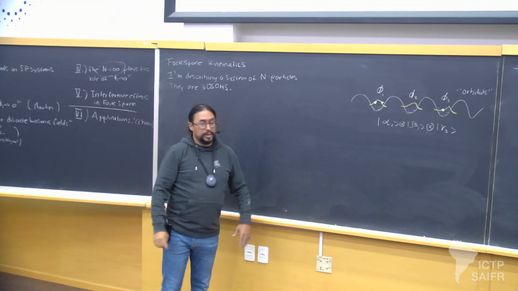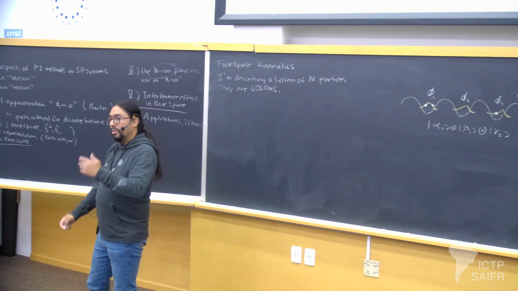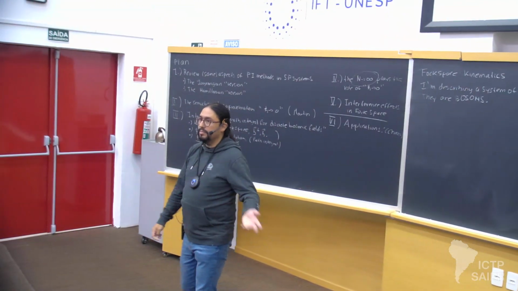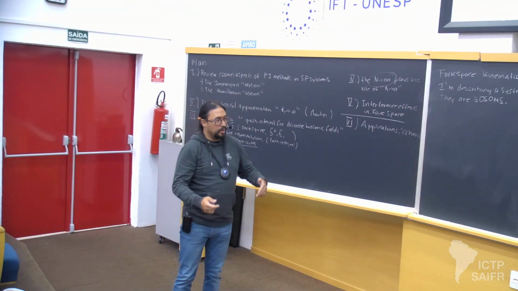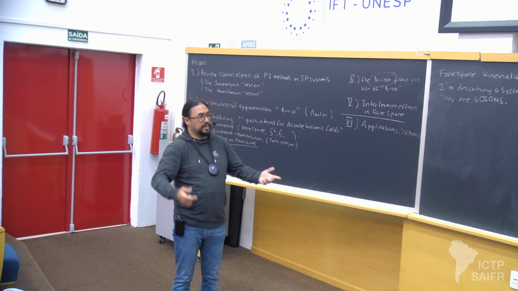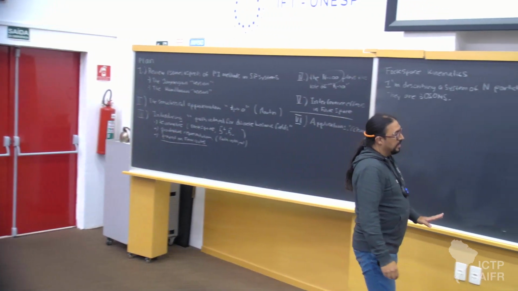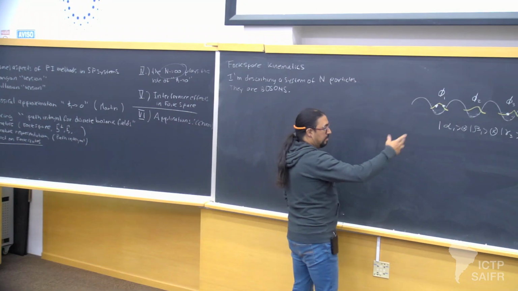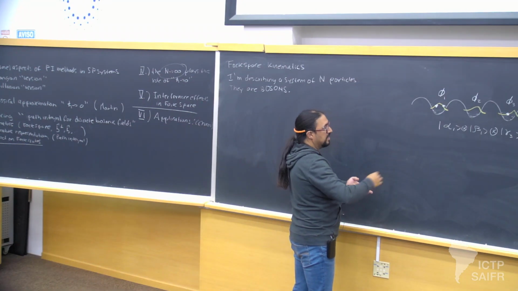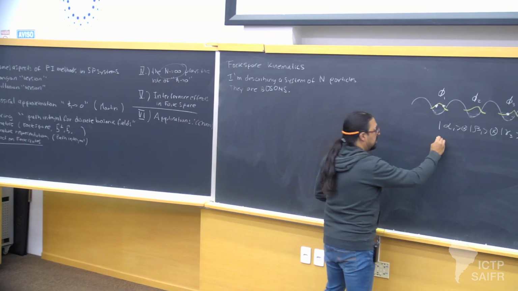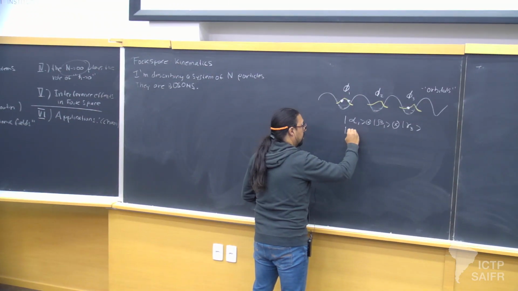And the postulates of quantum mechanics tell you, if you have a system with several degrees of freedom, you build the Hilbert space out of the product of the states. And now there is the thing that, with this representation, of course, this state is different from this state.